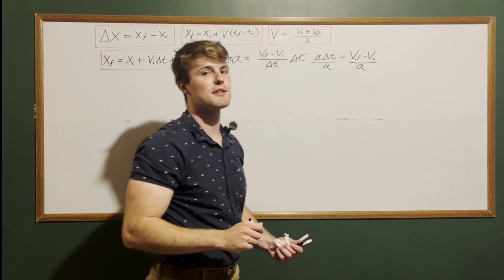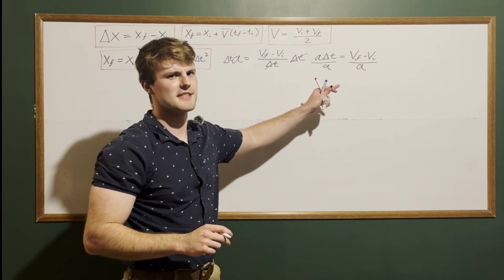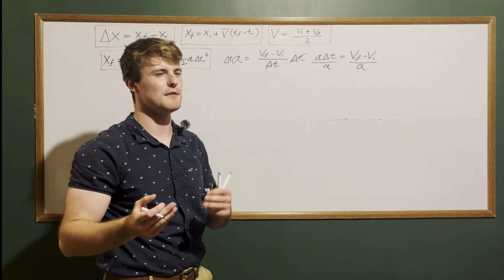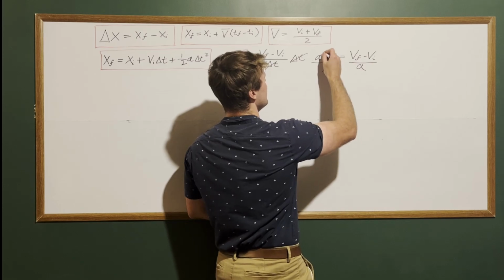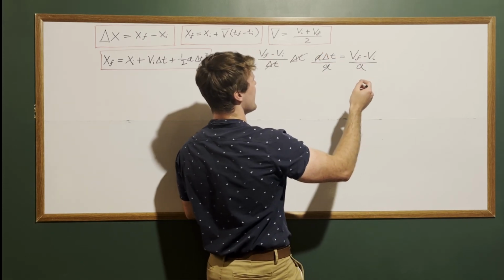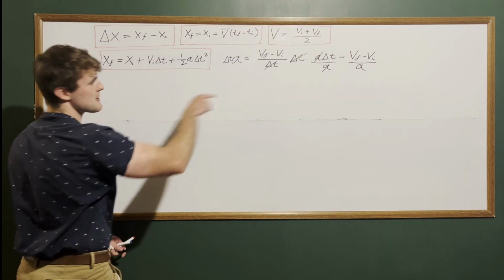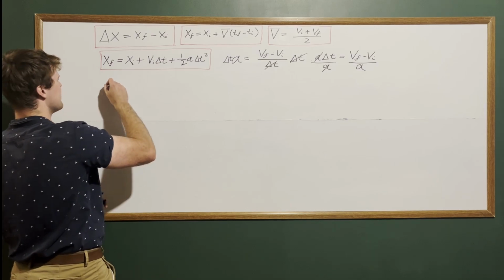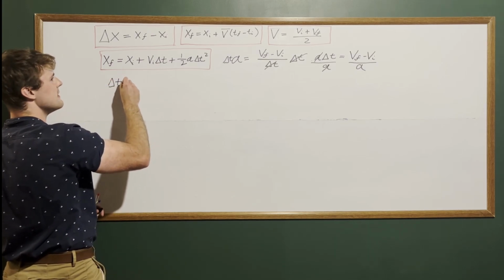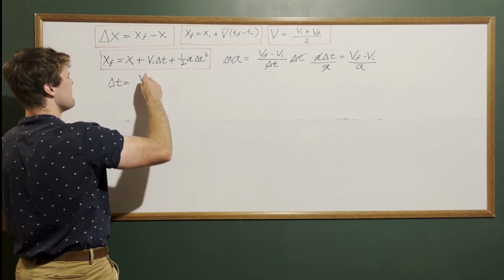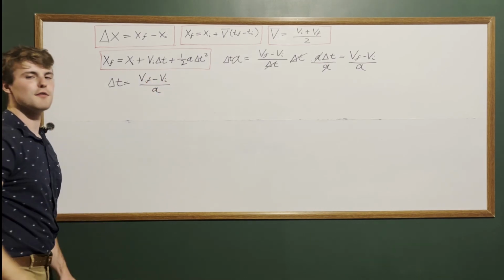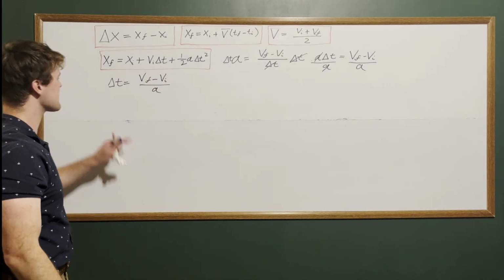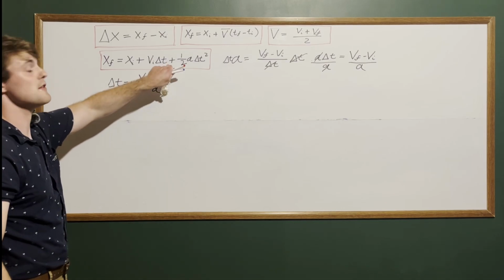If you're good at algebra, this might be annoying you, seeing me do all the steps here, but it helps me, and I feel like it's going to help other people in the audience, so bear with me. The a's cancel, and we just have, so I'm going to rewrite this over here so it makes more sense. Delta t equals vf minus vi over a. And all I'm going to do at this point is substitute this delta t into this equation.